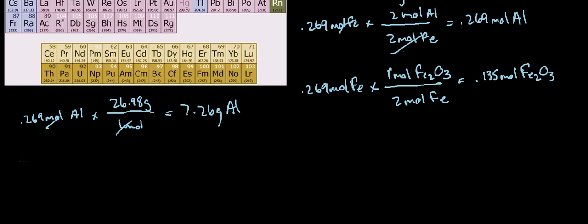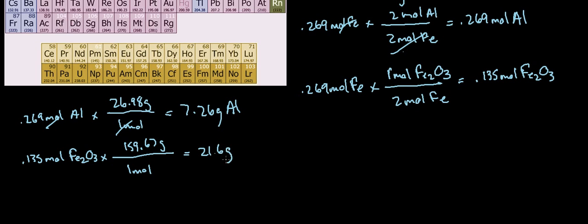And now for iron 3 oxide, 0.135 moles iron 3 oxide. 1 mole is 159.67 grams, and this wound up being equal to 21.6 grams iron 3 oxide.